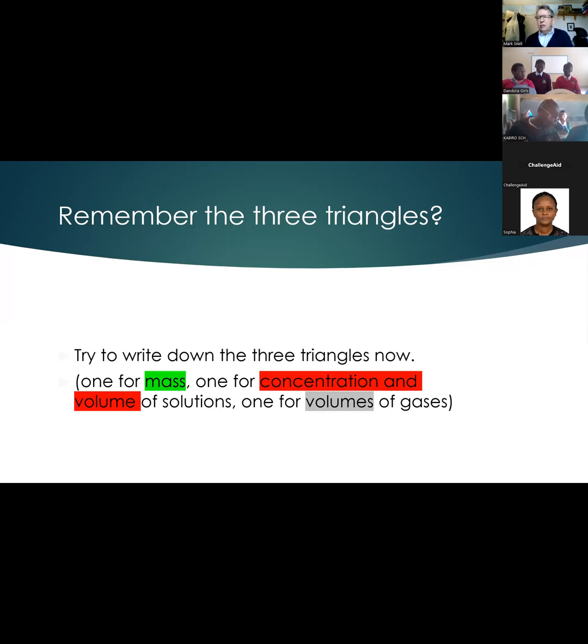So just see if you can remember what those triangles looked like. Just see if you can write them down. If you want to show me them, that's fine. If you don't, that's also fine. I will be showing you all 3 of them because we will be using them.